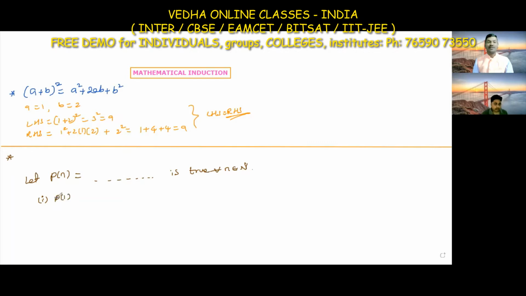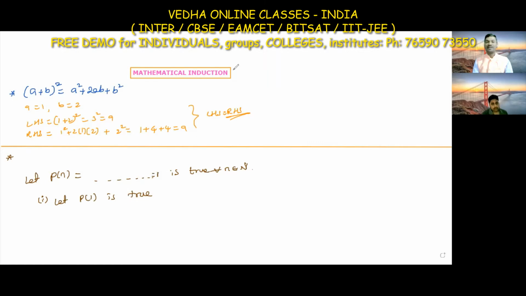So let P of 1 be true for n equals 1. We substitute n equals 1 in the given statement and check whether the given statement is satisfied or not. Here we have the left side statement and the right side statement also.